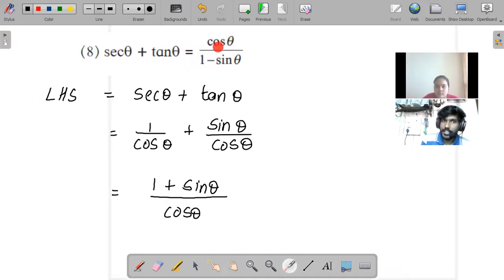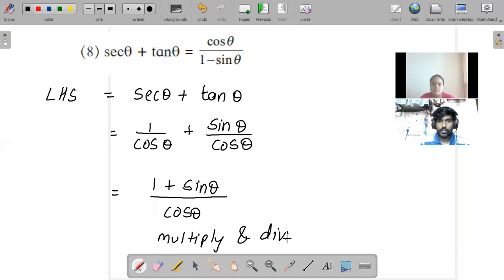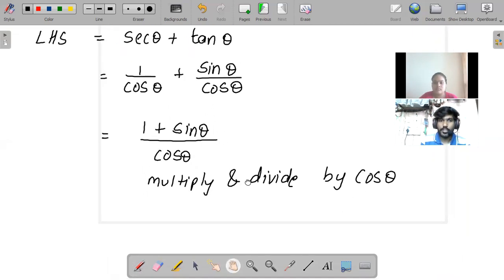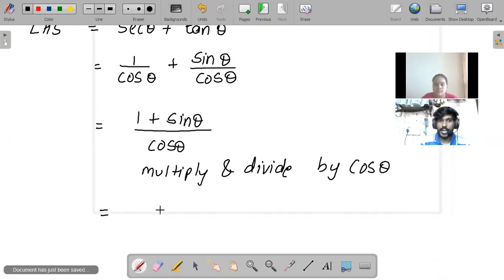So firstly, I need cos theta in the numerator. So what you do here is multiply and divide by cos theta at the same time. So what this will do, it will give you cos theta up in the numerator.